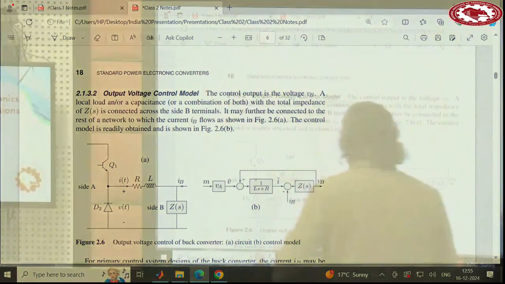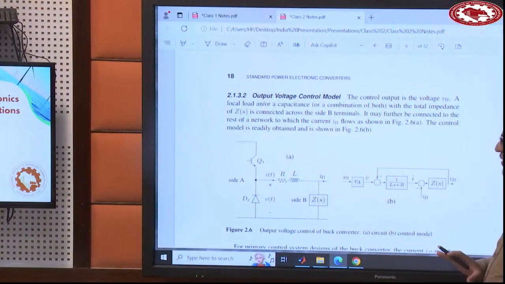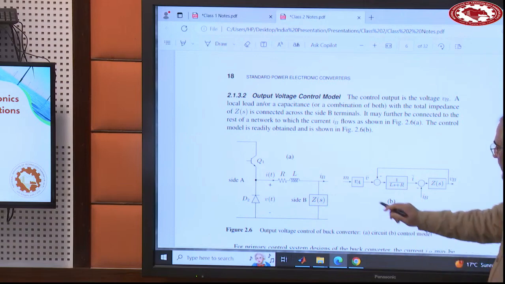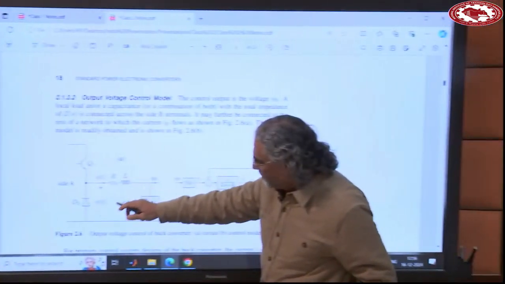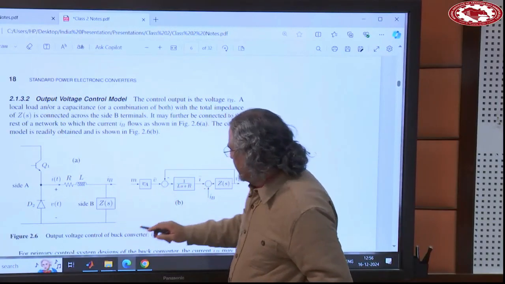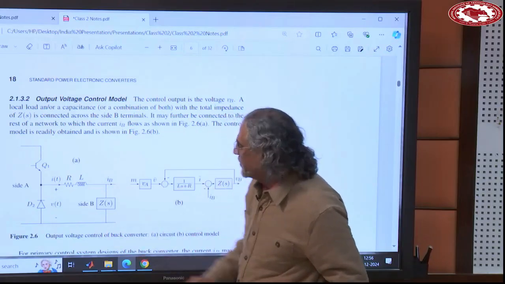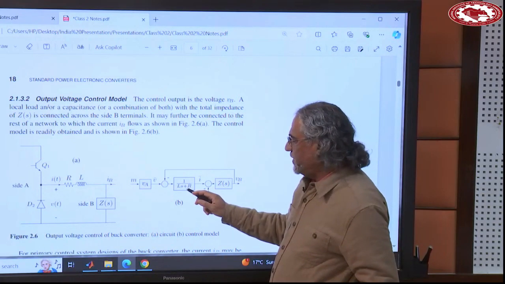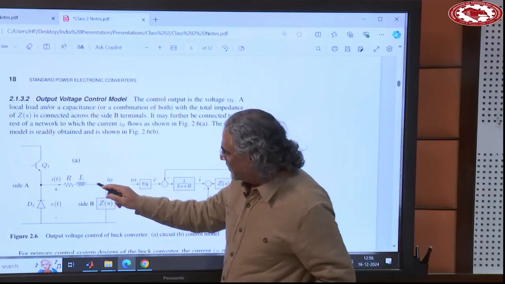So in this case, again, without going too much into equations, you can see that this diagram is correct. M times VA generates this voltage here, the average of that. This voltage minus VB is the voltage across this inductor. You divide it by the impedance of the inductor, and that gives you the current flowing into this inductor.